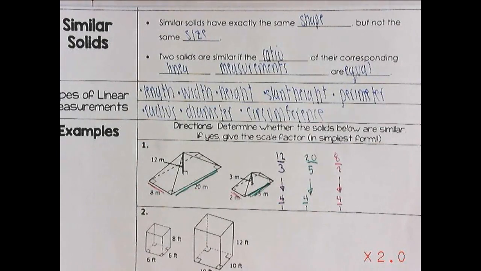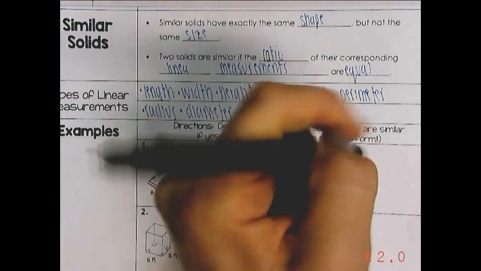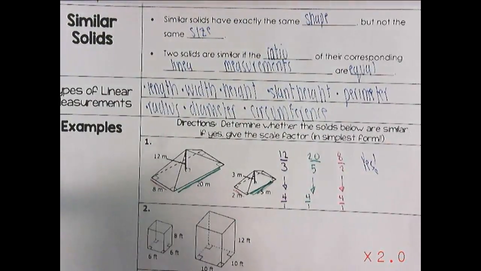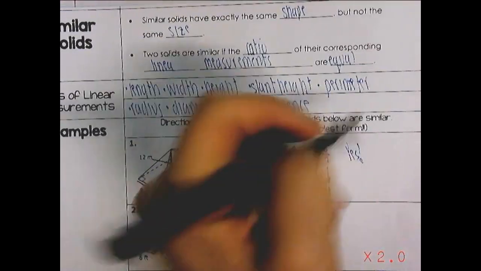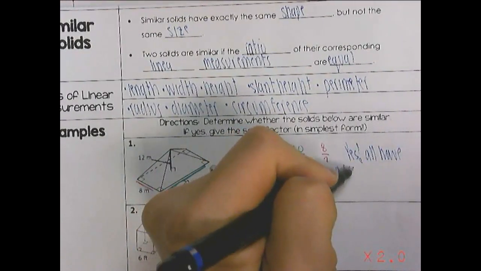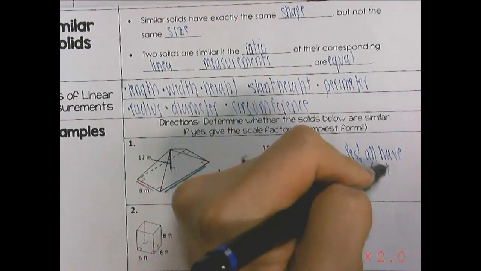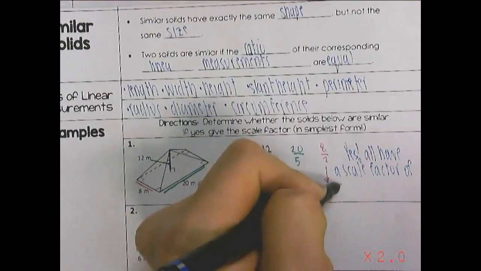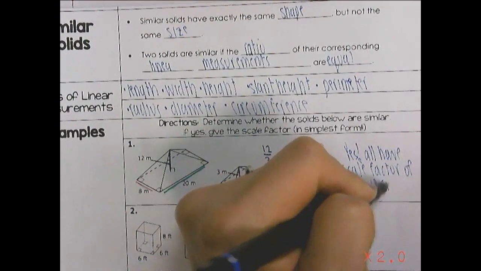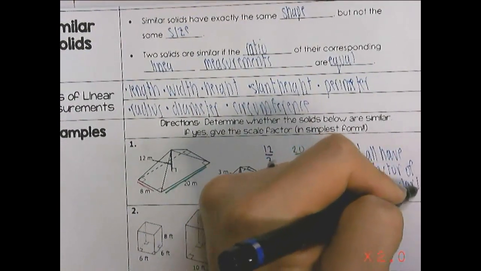So yes, all have a scale factor of 4 to 1. And are similar. Woohoo!